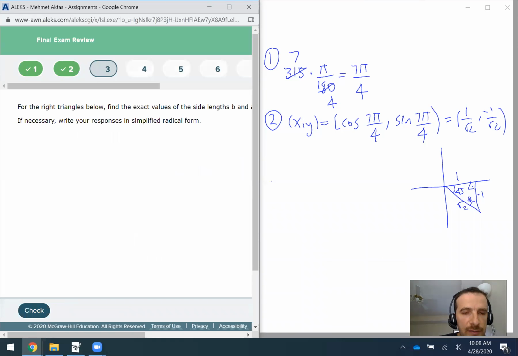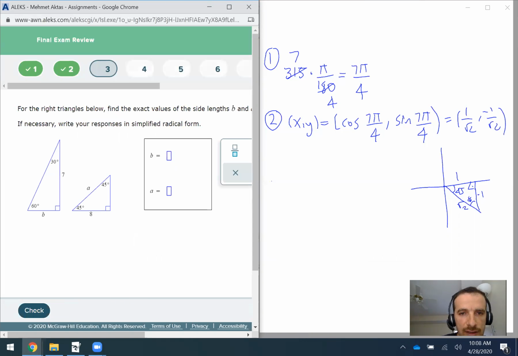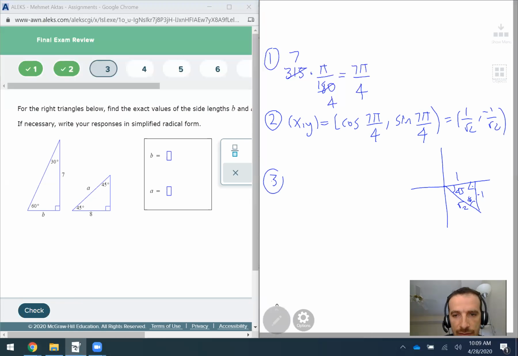For the right triangles below, find the exact values of side lengths B and A. We have two special triangles here. In the first one, we have 30, 60, 90. What is the length of the side opposite to 30?